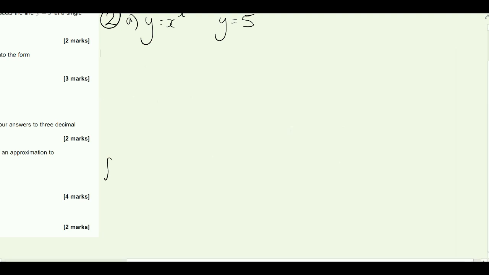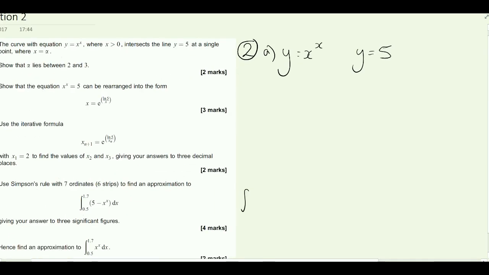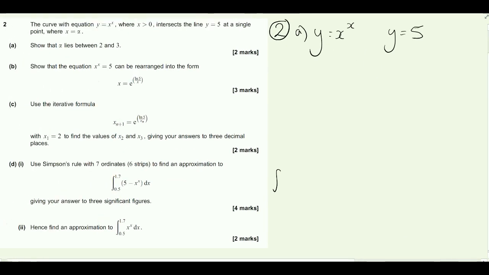So instead, I just substituted 2 and 3 into the function. So I did y equals 2 to the 2 and y equals 3 to the 3. So then I got 4 and I got 27. And obviously there is no change of sign there.